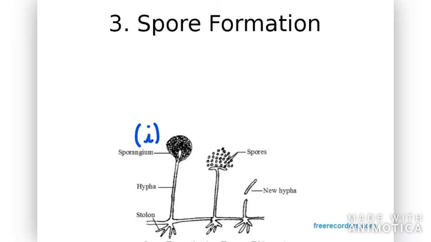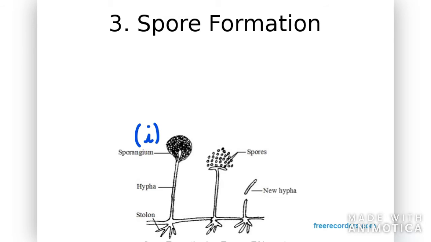Next is spore formation. In this you can see we have an example of a sporangium here. Spores present in sporangia are small bulb-like structures covered by thick walls that protect them until they come in contact with suitable conditions.